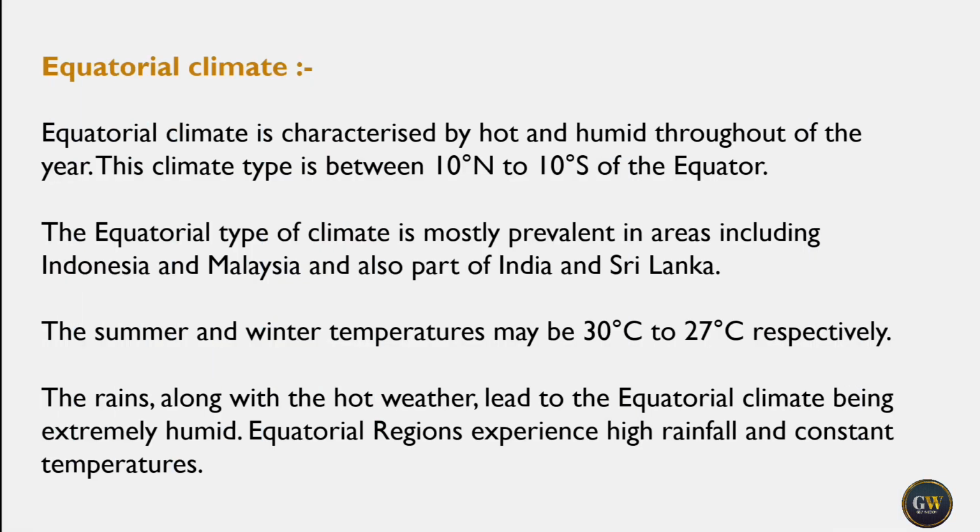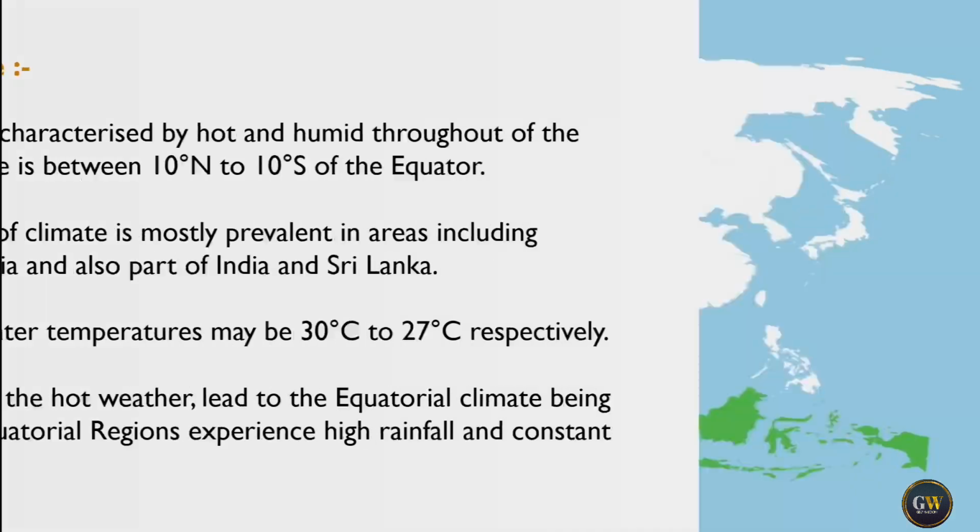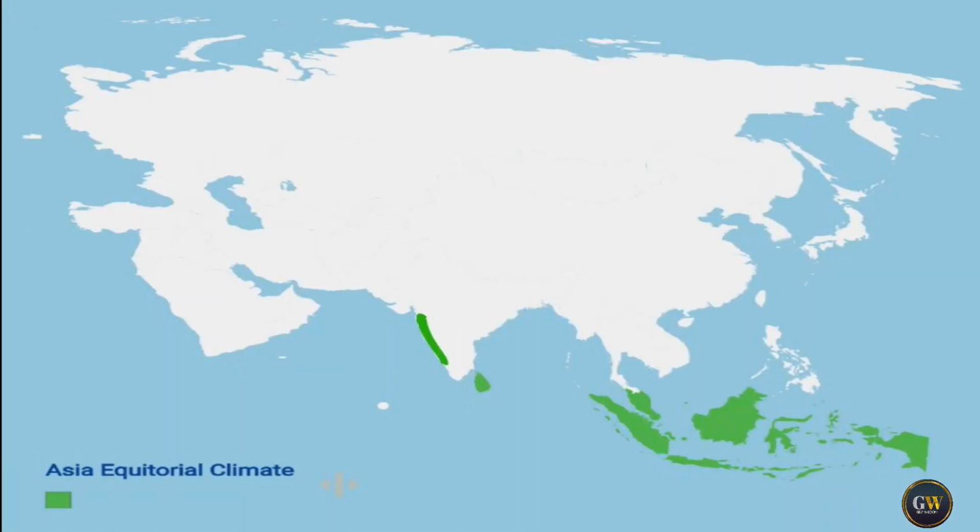Now let's learn about the equatorial climate, which is the last climatic type of the Asia continent. So equatorial climate, here you can see these all are the regions that experience the equatorial type of climate in the equatorial region.